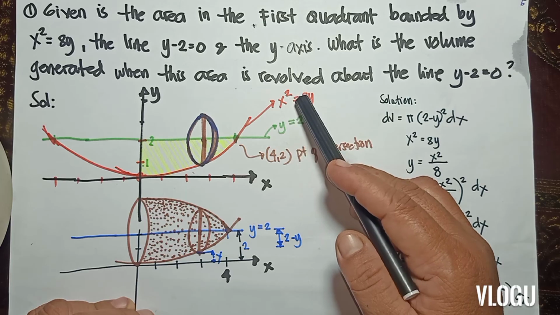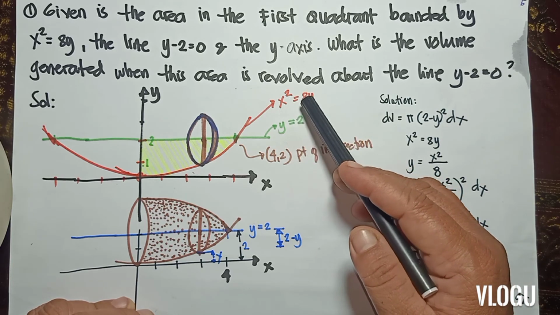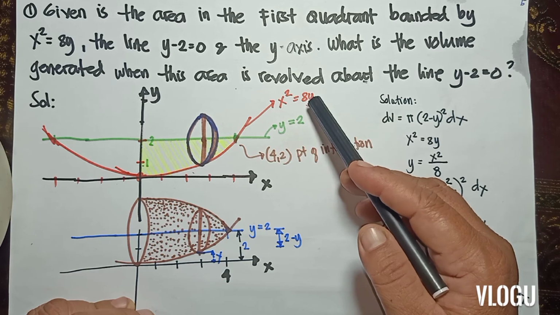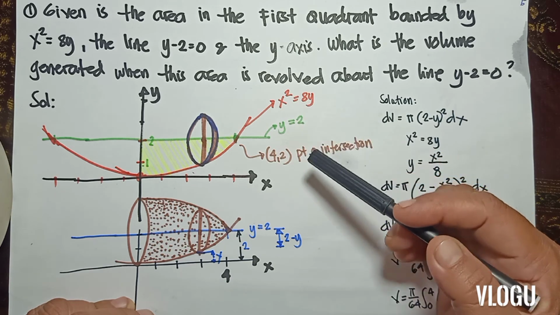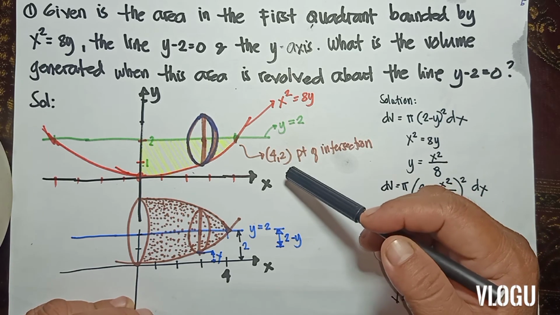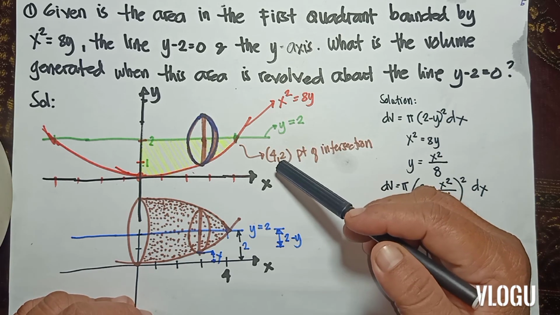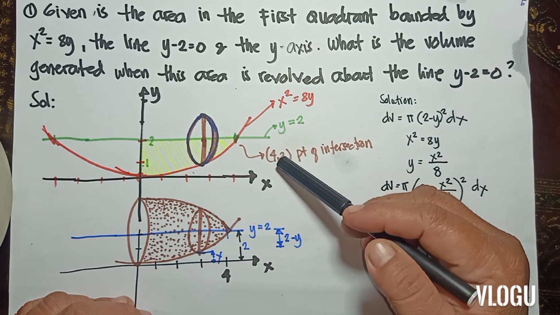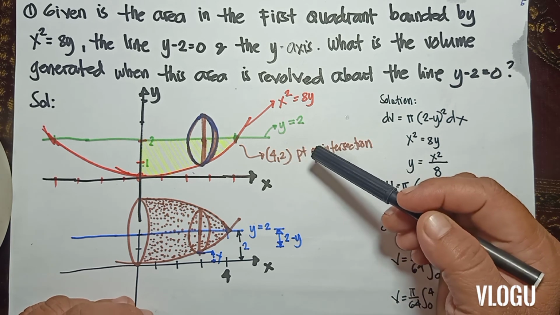So x squared is equal to 16. X, therefore, is equal to plus minus 4, because the square root of 16 is 4. So the point of intersection is 4 and 2.